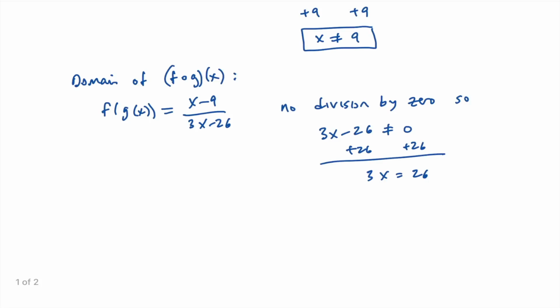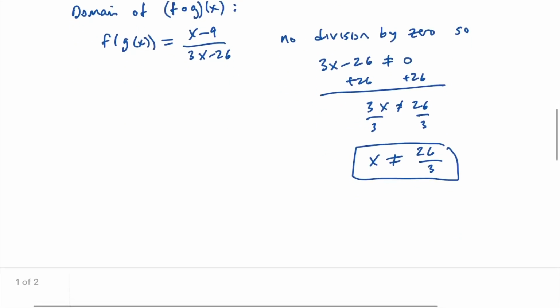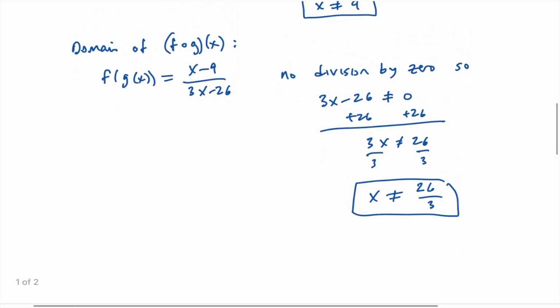And now we're going to remind ourselves we're not allowing that value. Okay, and now we divide both sides by 3. And what we end up with is x is not allowed to be 26 over 3. Okay, so we cannot allow both of these values. Okay, and so we can put a little number line over here.